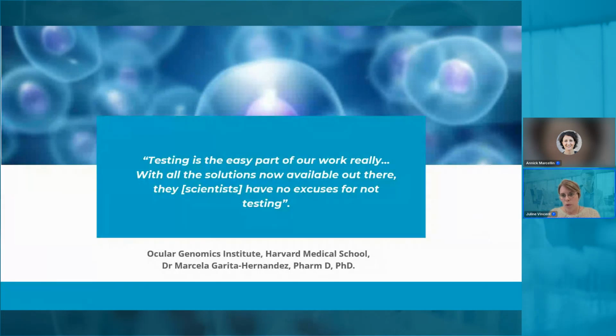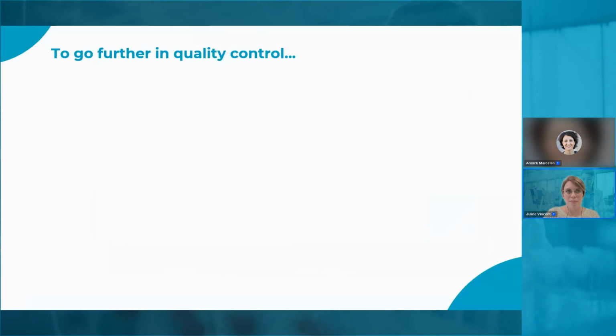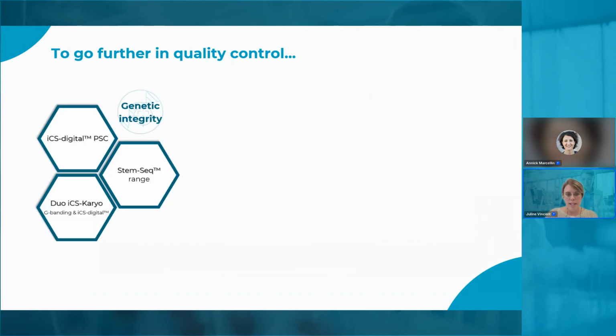With all the solutions now available out there, scientists have no excuses for not testing. It's with this perspective that STEM Genomics has developed a range of tests to help scientists manage these challenges easily. STEM Genomics offers 3 tests to assess the genetic integrity of hPSCs.